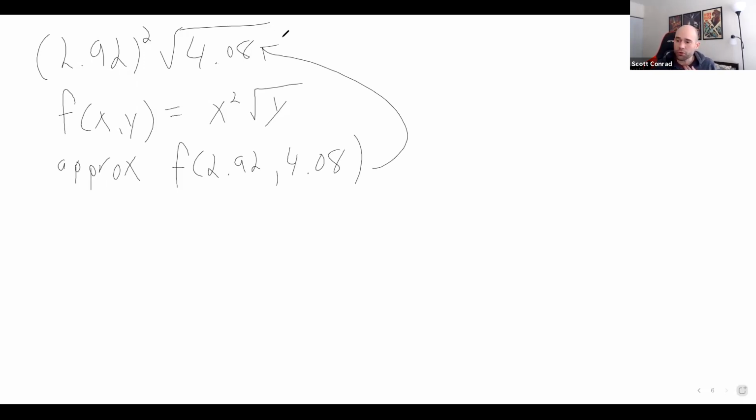In order to do this, we want to make our lives as easy as possible. So we want to find a nice value of X that we can plug in and a nice value of Y that we can plug in near 2.92, 4.08.